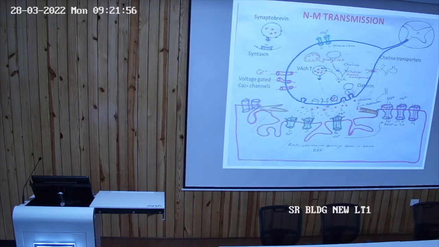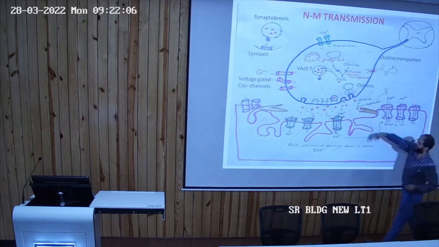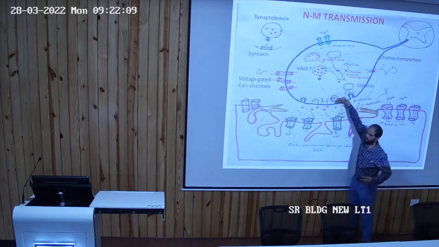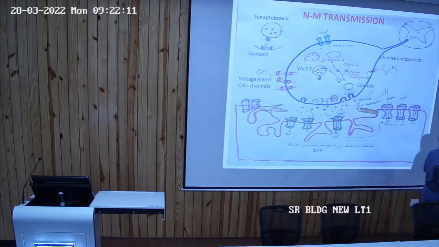During that process, it fits in a lock and key fashion. As it fits here, it contracts and interacts, and in that process it makes a hole. All of this occurs in the presence of calcium.